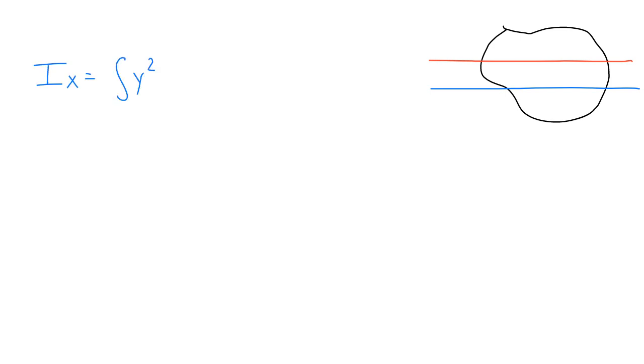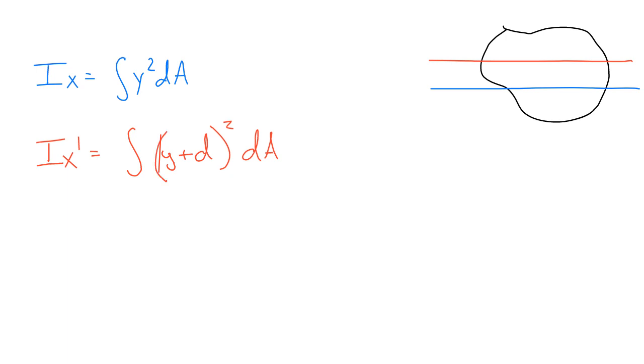So my new value here is the integral of not y squared, but (y plus some distance) squared. That's supposed to be a parentheses like that. And what I'm talking about with the distance, I'm basically talking about this value here, this distance value.